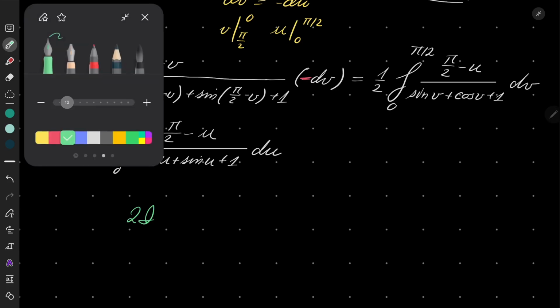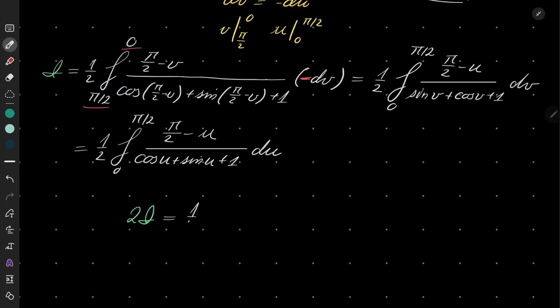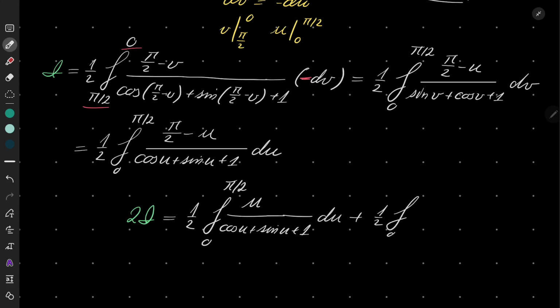equals, well, these two integrals: 1/2 integral from 0 to pi over 2 of u cosine of u over (sine of u plus 1) du plus 1/2 integral from 0 to pi over 2 of (pi over 2 minus u) cosine of u over (sine of u plus 1) du.